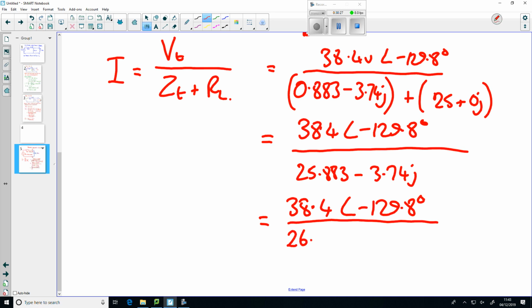Take 26.2 then, angle, nearly done it again.